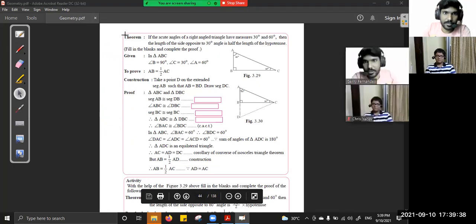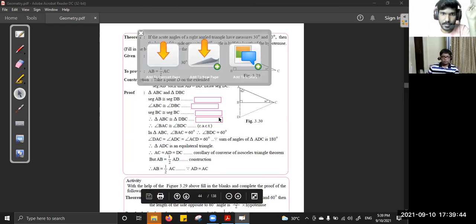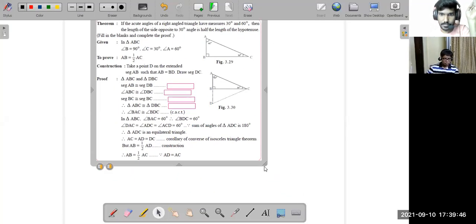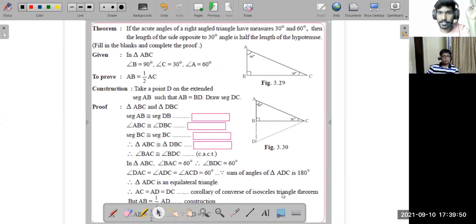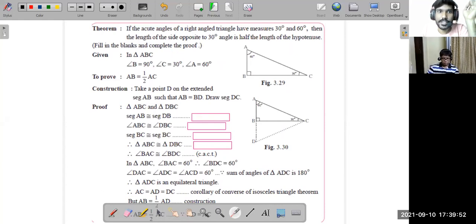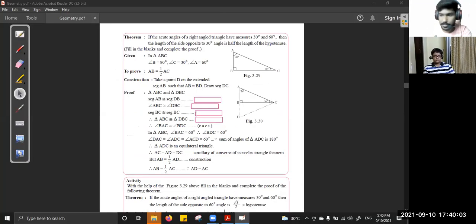So you open your textbook. We'll understand it from the textbook. So it says, if the acute angles of the right angle triangle have measures... one minute, this is all blurred.